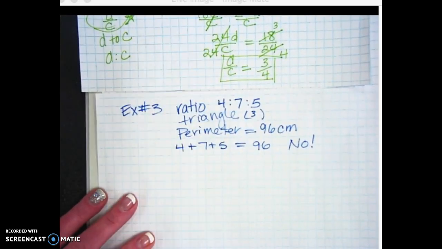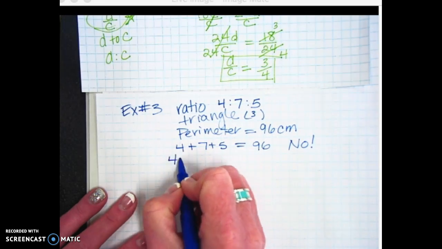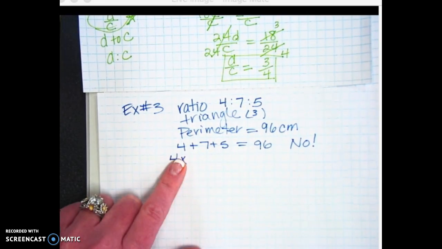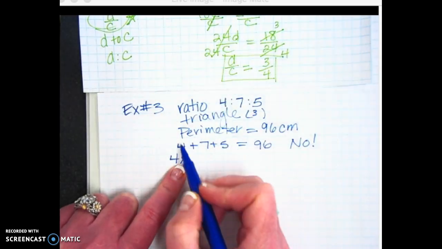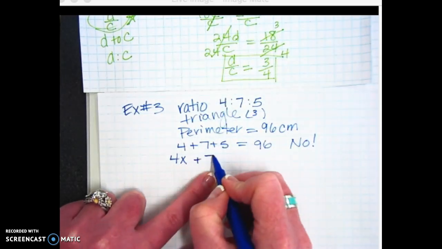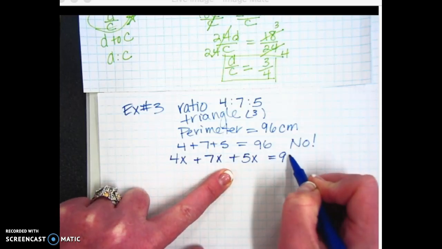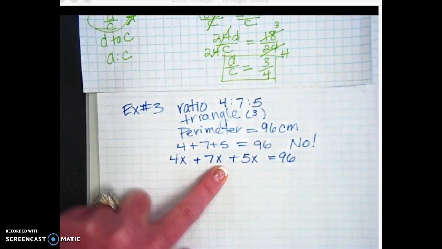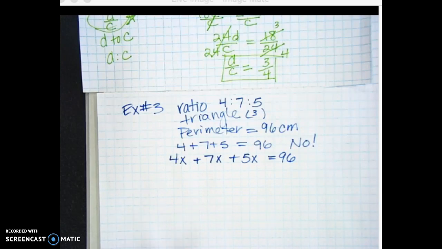You're going to write each of them as a factor of each. So instead of just saying 4 plus 7 plus 5, you're going to say 4x plus 7x plus 5x equals 96. That means they're each being multiplied by the same thing in order to get to 96. So we're going to figure out what they're all being multiplied by, okay?